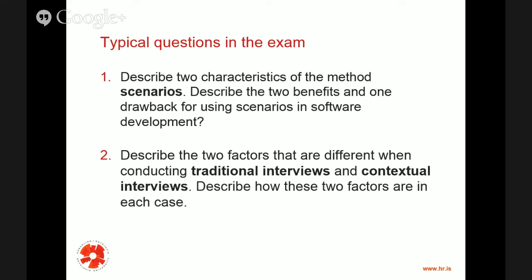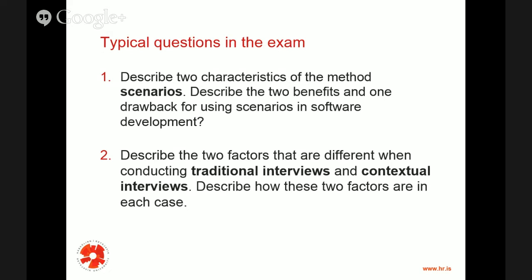Yeah, and then describe 2 factors that are different when conducting traditional interviews and contextual interviews. I was talking about this a little bit earlier. So one thing would be the place where it is conducted. Contextual interviews are always conducted at the place where the system will be used. But traditional interviews are more flexible.